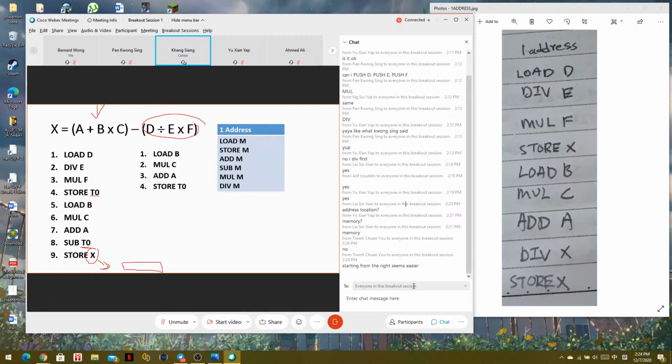Okay. Correct. I mean, easier is a general term. So if you see, this one starts from the left side. So you see what's the difference? Can you tell me the difference if you start from the left side and the right side?